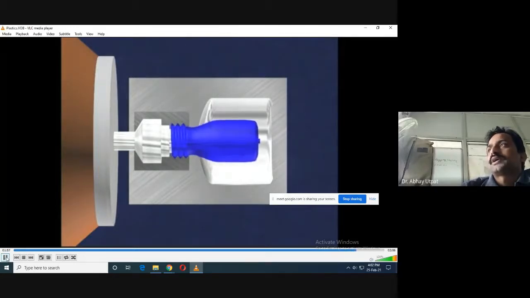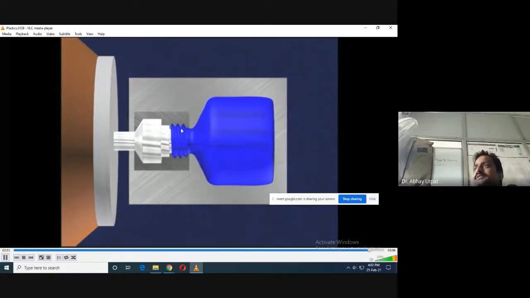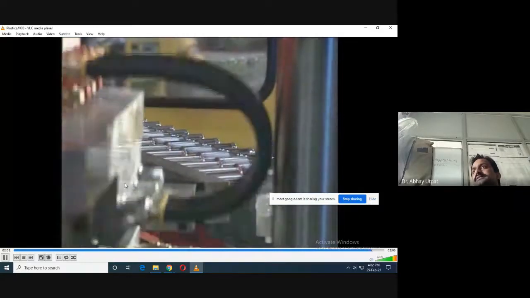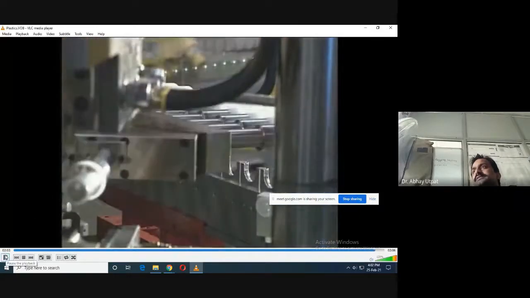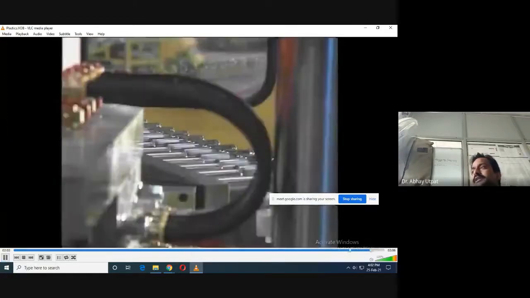I hope you are getting how beautifully it is explained. It completes the fill by keeping this part as it is. I will show you that once again.